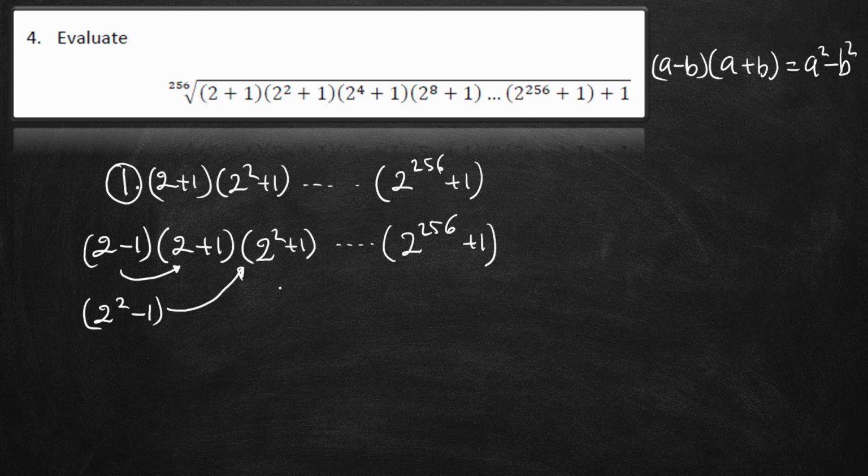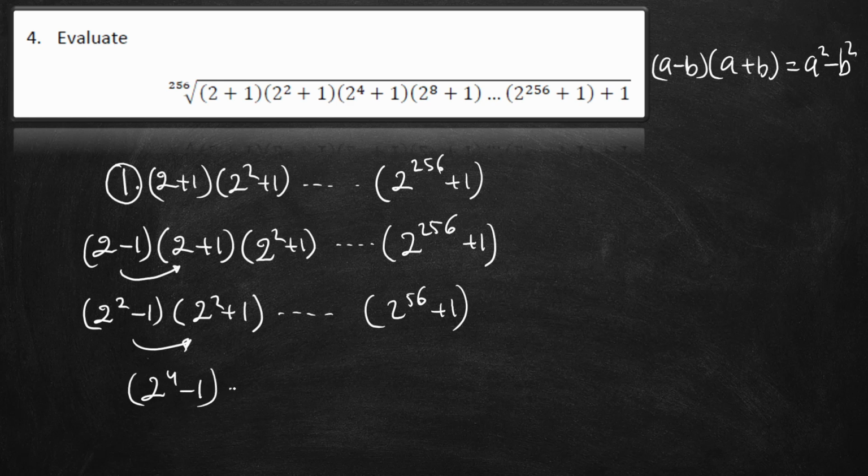So we will get, I'll write it again. Okay, we already operated with this one. So from here we will get 2 power of 4 minus 1. And then same thing, we will continue until 2 power of 256 plus 1.